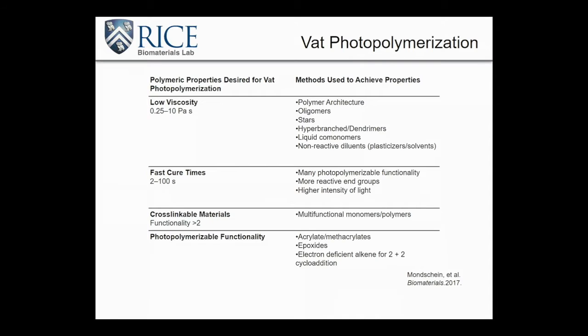Viscosity is not just important because we need these resins to be liquid at room temperature because they're going to cure into solid objects, but also because when that base plate lifts up, you have to have a low enough viscosity material that you have inflow back into the space where the base plate just lifted up.